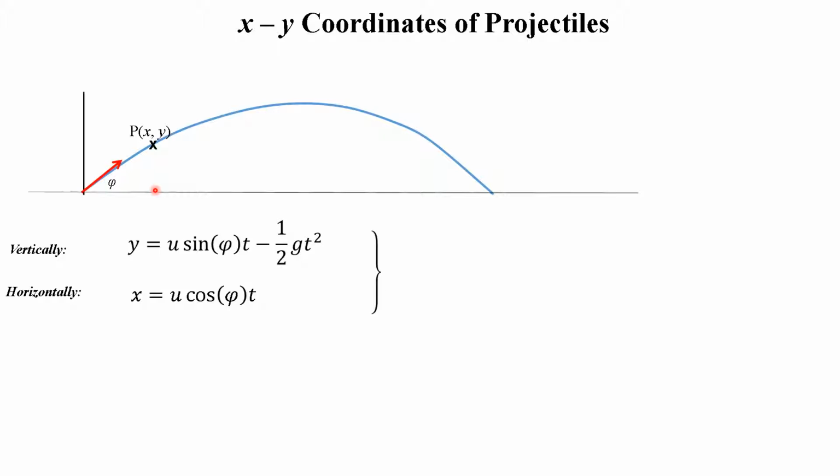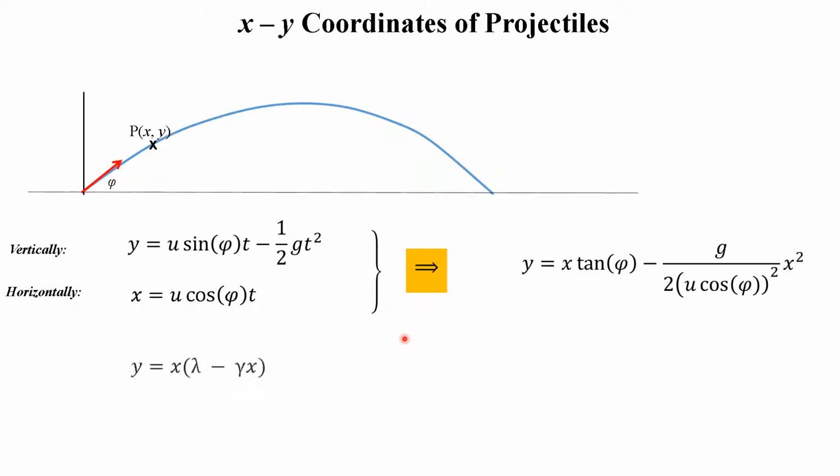Now if you combine the two, because these are parametric equations, and eliminate t, you will get the Cartesian equation. Tan phi is constant, and g over 2 times u cosine phi the whole squared is also constant. And then this is y in terms of x, which can be easily written like this expression as we have in mathematics.